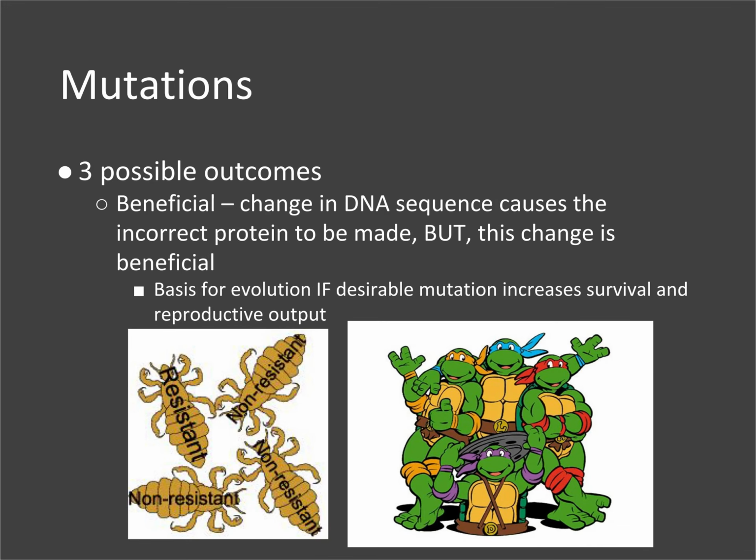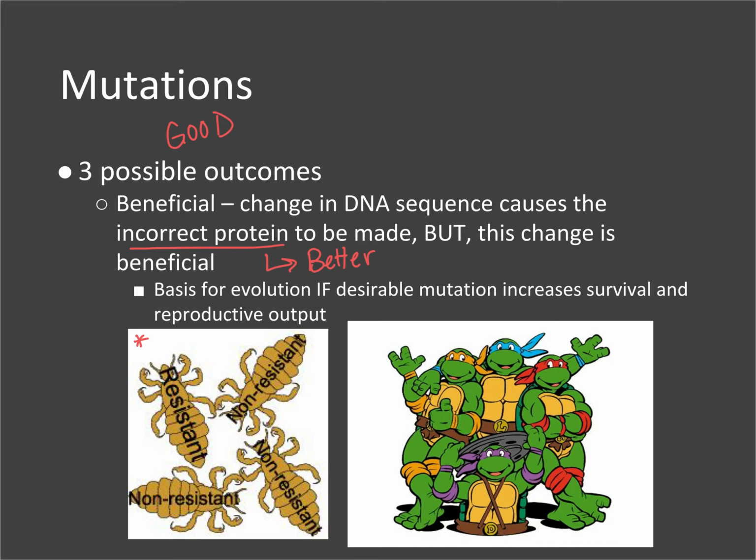Now, last but not least, sometimes mutations are actually beneficial. So sometimes they're actually good. It might be the sort of thing where the incorrect protein is made, but instead of making a worse protein, you actually end up making a better protein. So let's take a look at these insects here.